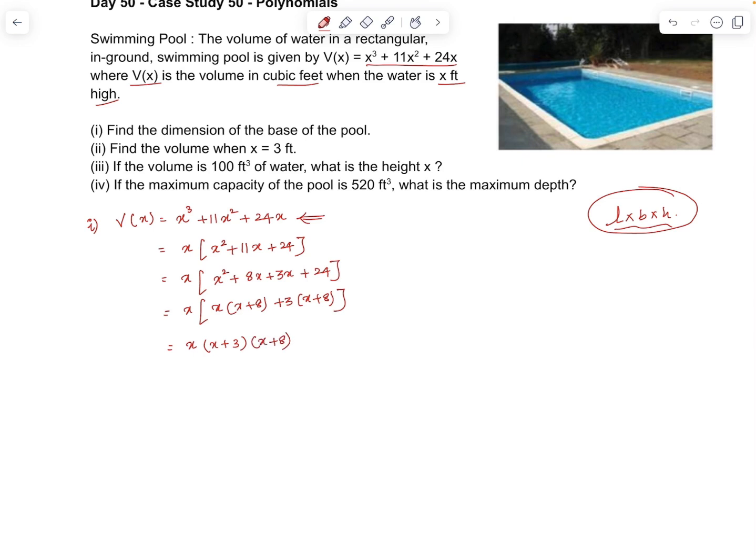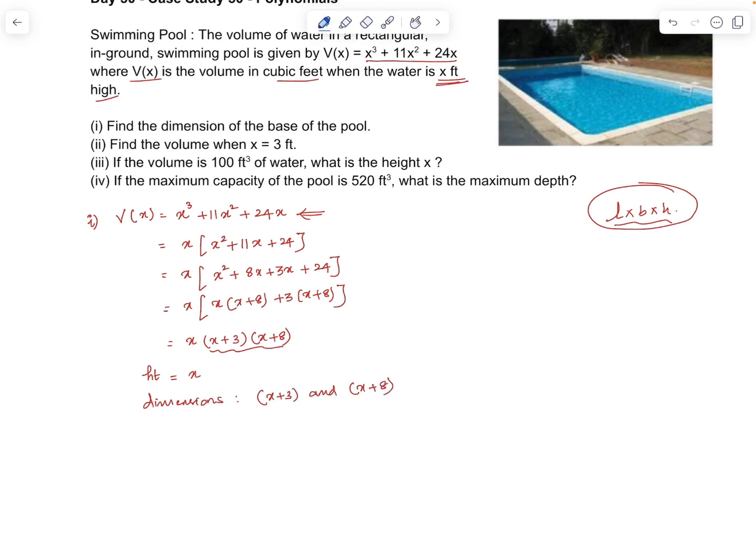So we have represented V of x as the product of three quantities. Now here x is the height, that is what is given in the question. So if we take height as x, we are left with the other two. So the dimensions are x plus 3 and x plus 8.